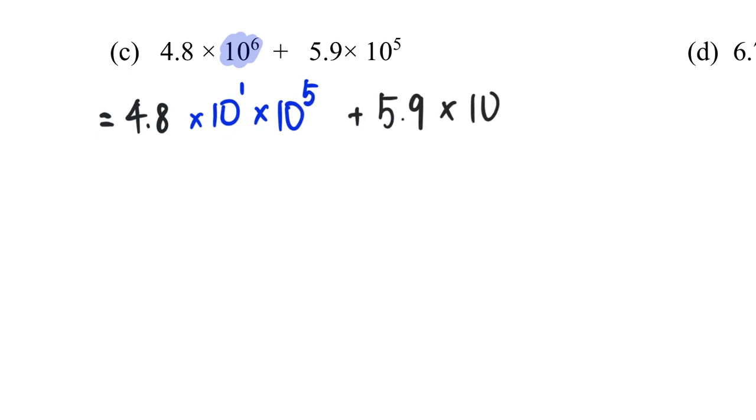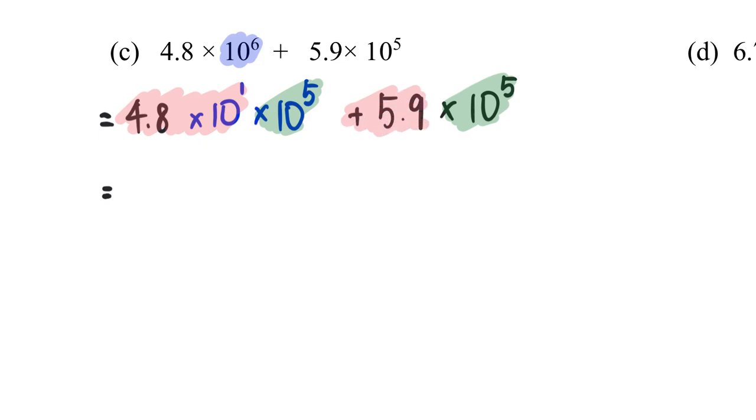This is still the same. Why do Mr. Tan break the 10 power 6 into 10 power 1 and 10 power 5? Because Mr. Tan would like to make sure that there is a common factor, 10 to the power of 5. Okay? And then we could simply add this up.